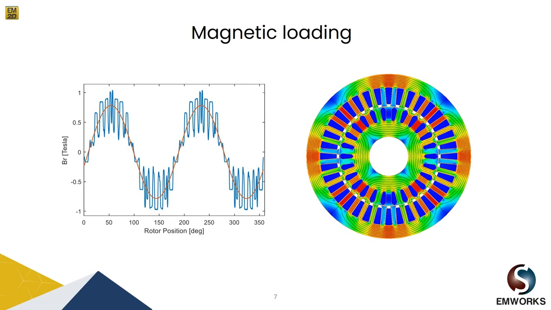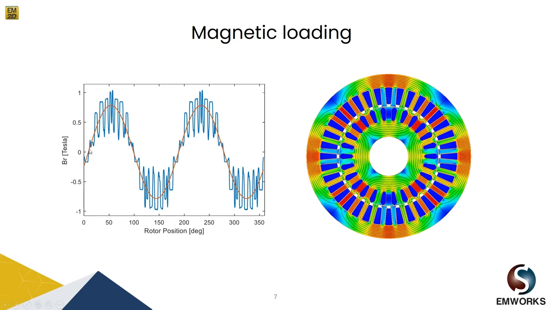So I used EMWorks 2D for the first analysis type, that is the magnetic loading. You can see the flux density pattern. And in the magnetic loading analysis, we excite phase A, phase B, and phase C of the stator winding to calculate the radial component of flux density in the middle of the air gap, right?